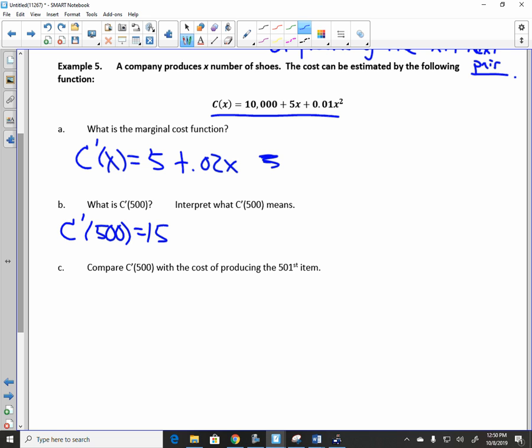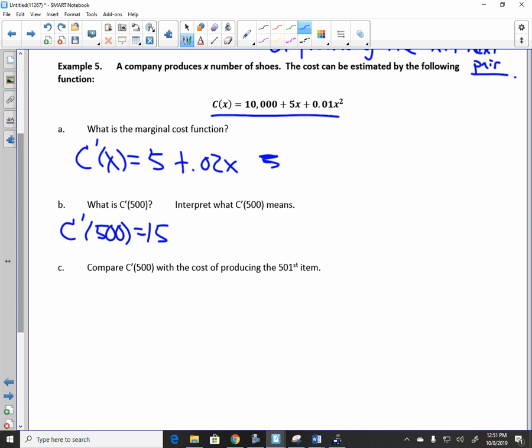Interpret what C prime of 500 means. So you tell me if I'm right or wrong. The cost of producing 500 shoes is $15. No. The cost of producing the 500 first pair of shoes, the next one, is approximately $15.